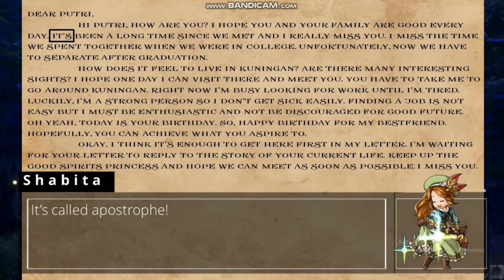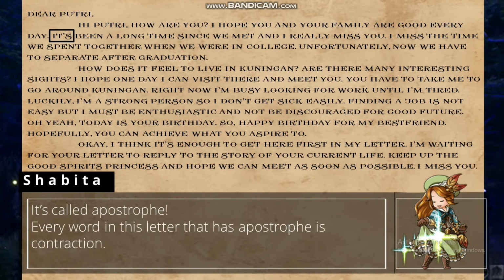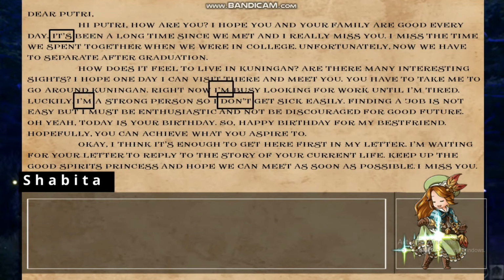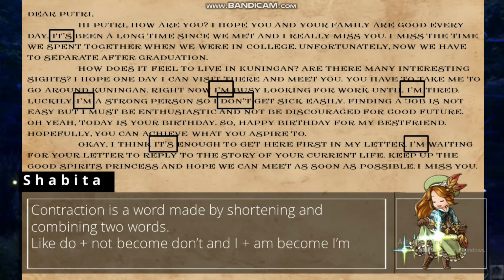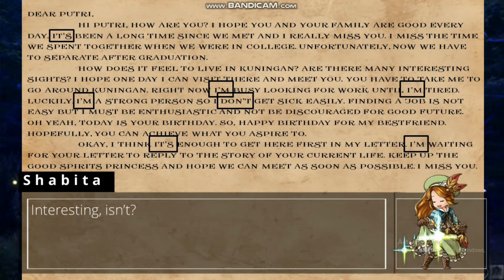It's called apostrophe. Every word in this letter that has an apostrophe is a contraction. Contraction is a word made by shortening and combining two words, like do plus not becomes don't and I plus am becomes I'm. Interesting, isn't it?